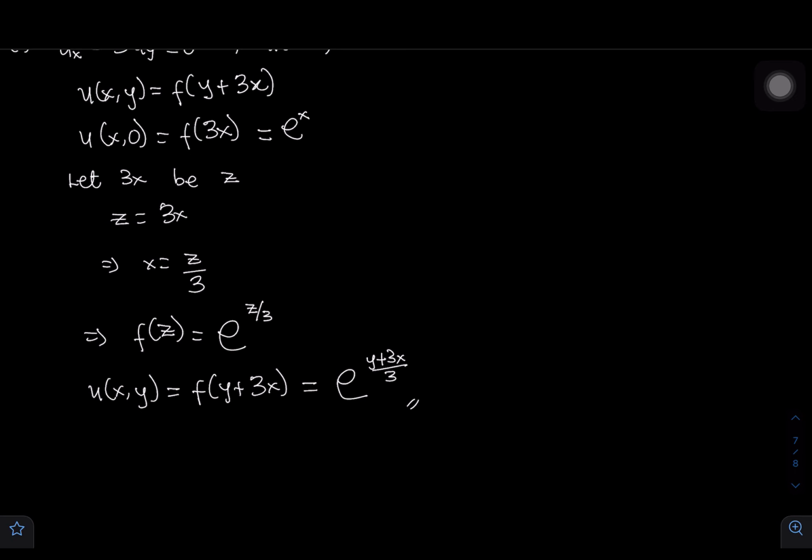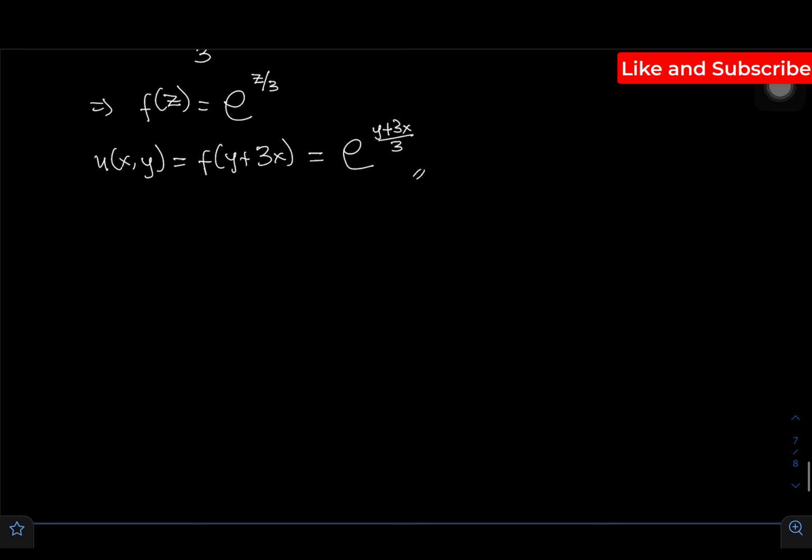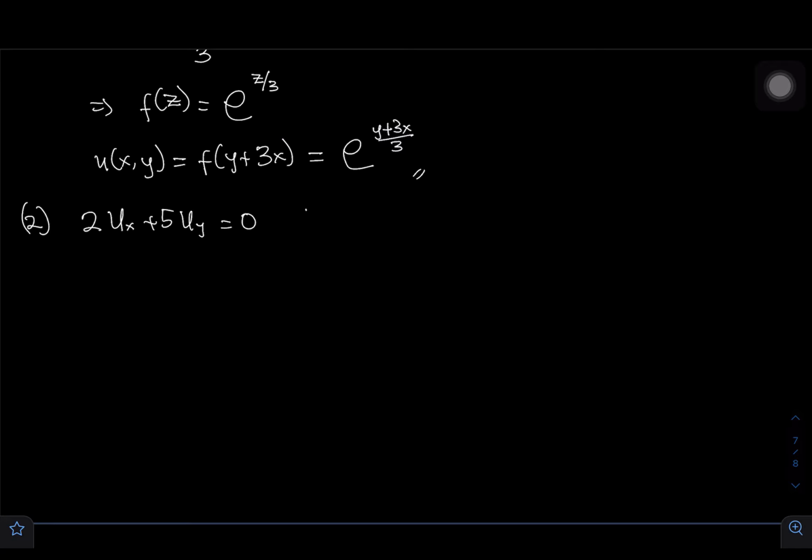And this is the general solution to the first order differential equation above. Another example is going to be a bit tricky, but it should be fine. 2ux plus 5uy is equal to 0 with this condition: ux of (0, y) is equal to 3y squared.